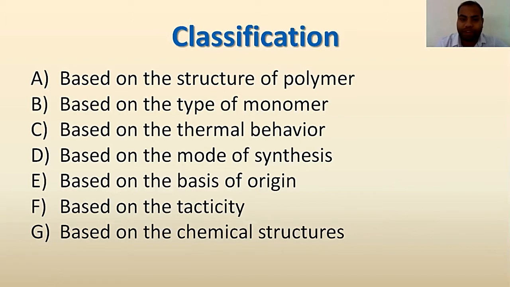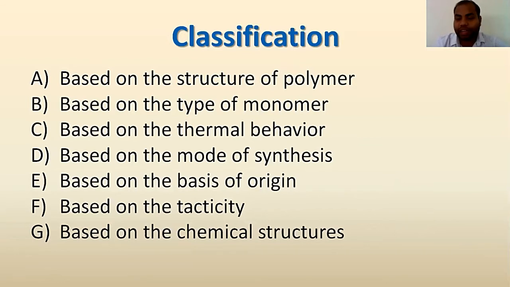They can be classified based on their thermal behavior, or their changing properties according to heat. They can be classified by the mode of synthesis, how they are prepared. They are also classified based on their origin, whether they are obtained from natural food sources or synthesized in the laboratory.